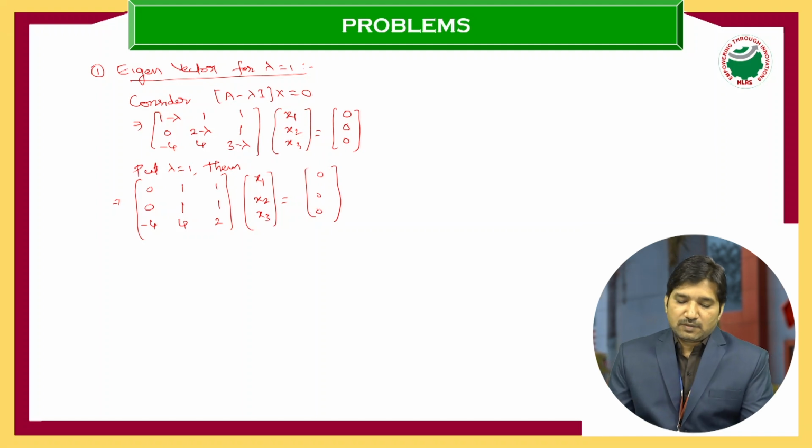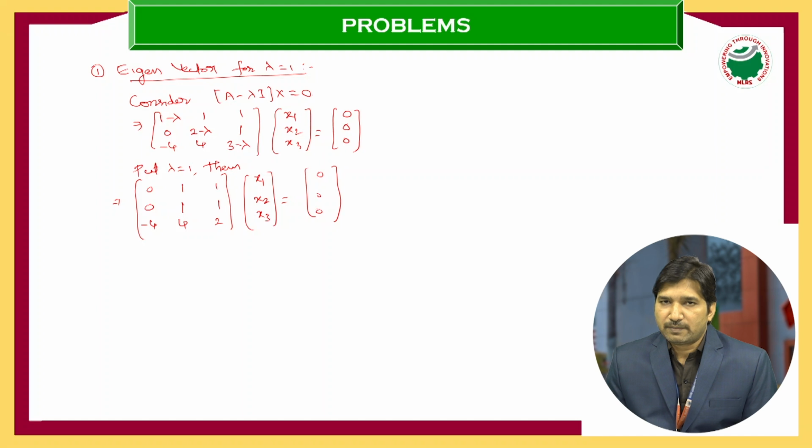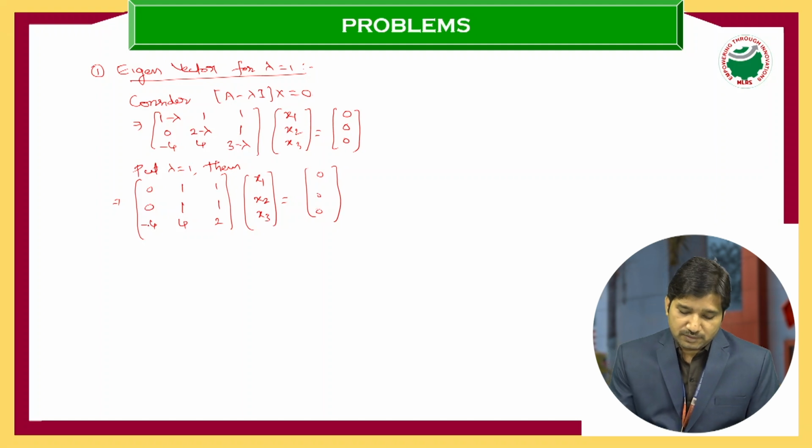Now solving this equation, by using any echelon form, applying row transformations to convert into echelon form. Already this is 0, this is 0.